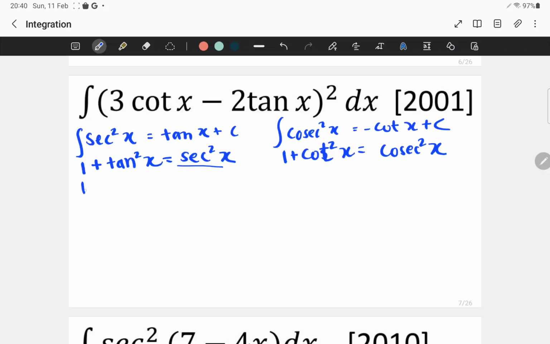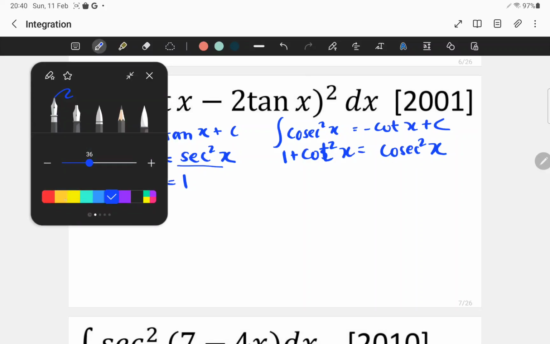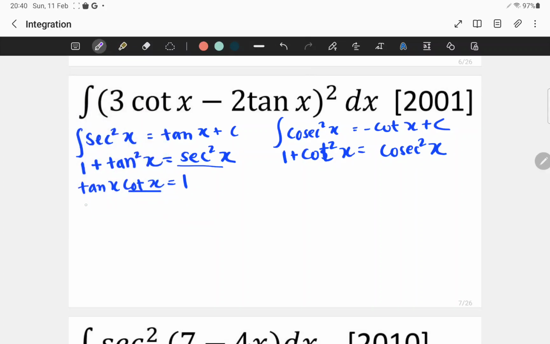And we remember tan x into cot x is 1, because cot x is inverse of tan x. So let's open. a minus b, the whole square, a square minus 2ab plus b square.